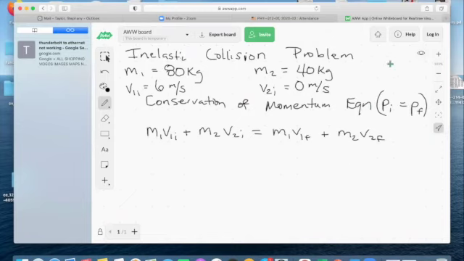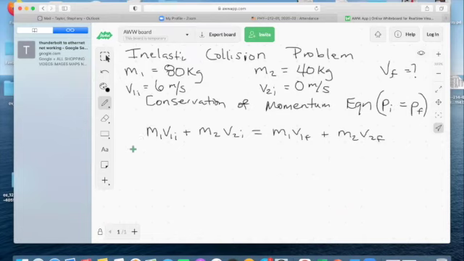All right, so what we're trying to find is our final velocity. Once they collide into each other, what was the final velocity? The final velocities are on this side of the equation. So we want to put V1 and V2 together since they are colliding together. We're going to copy down everything for the left-hand side, but we need to factor out our final velocity on the right-hand side of this equation.